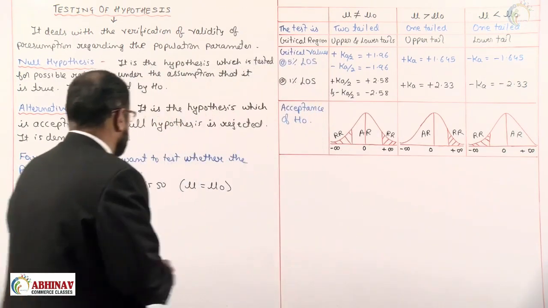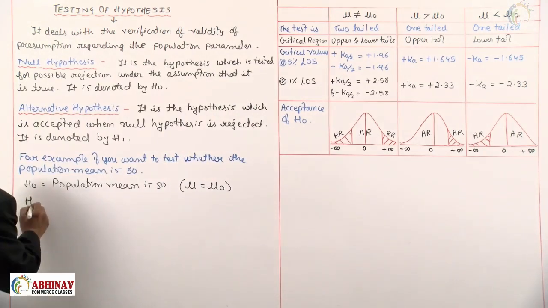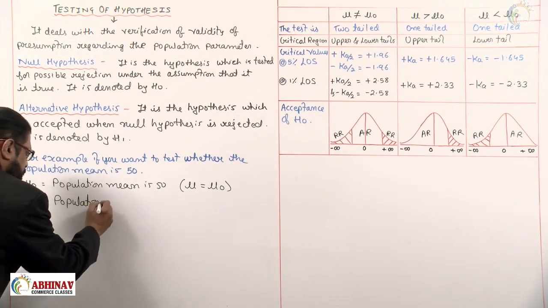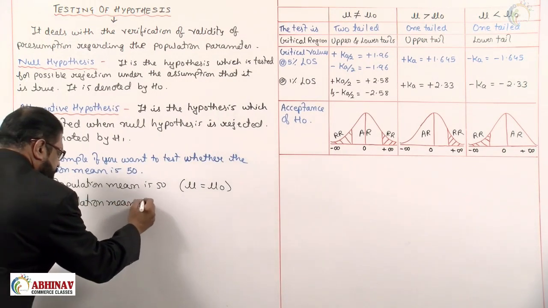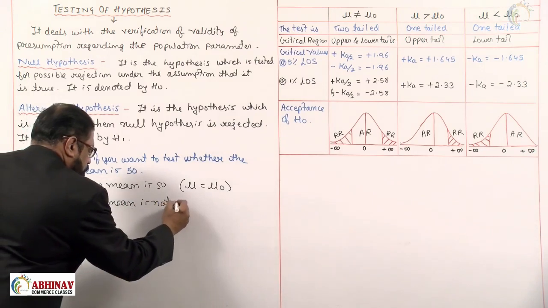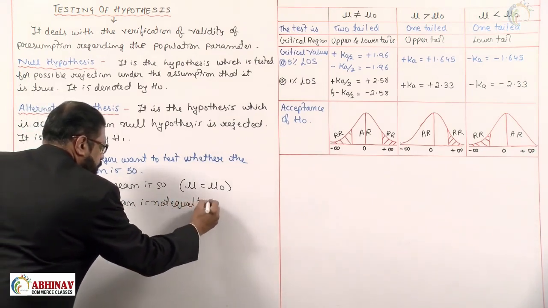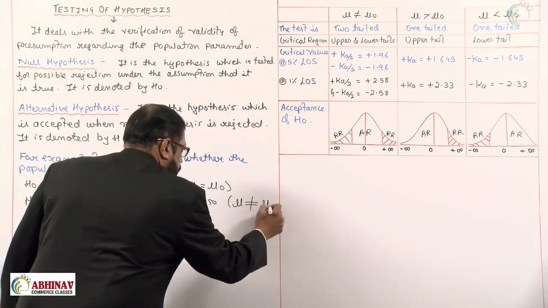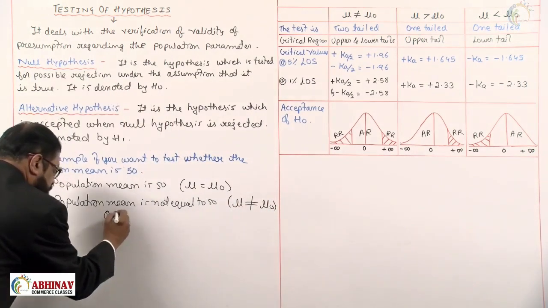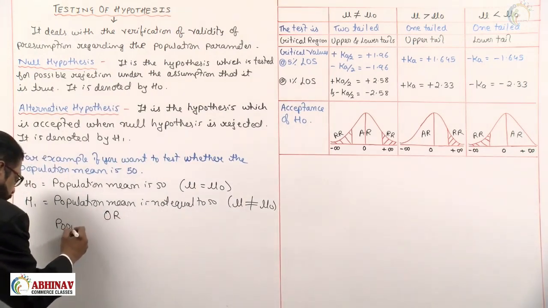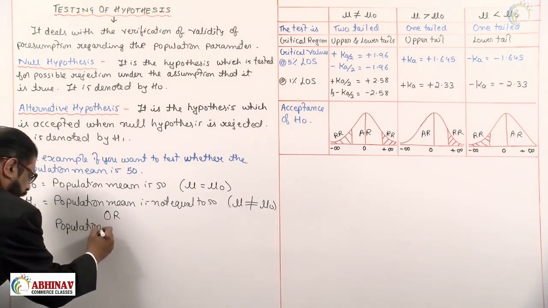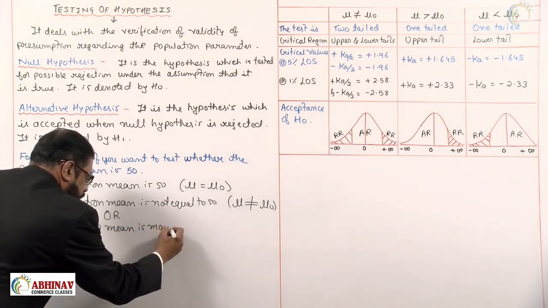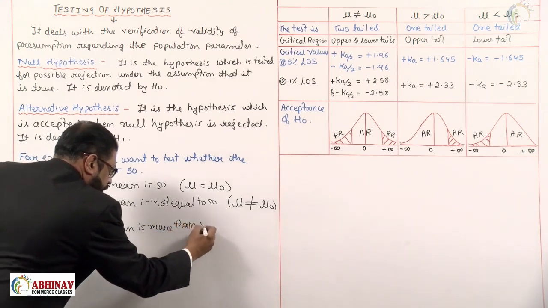For example, say what H1 can be. It can be: population mean is not equal to 50. Here we say that mu is not equal to mu naught. Another way of writing your alternative hypothesis: population mean is more than 50.